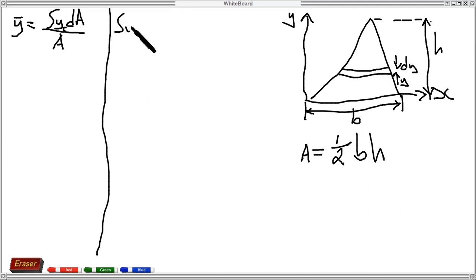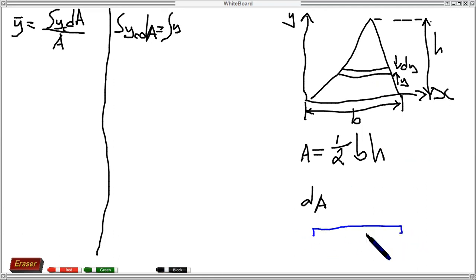Now we have to solve the upper part, the numerator. You put up your integral sign, as usual, of y times the area of this small piece here, which will be your dA. If you look at it well, that small piece is like that.